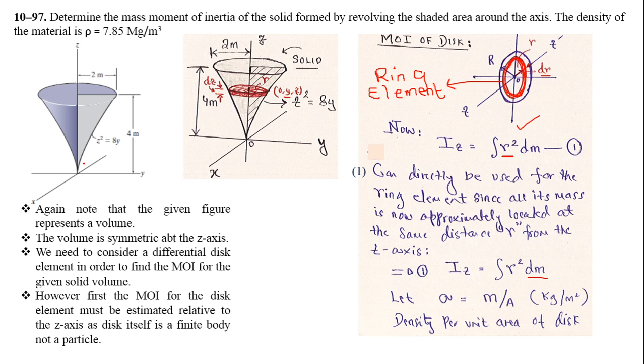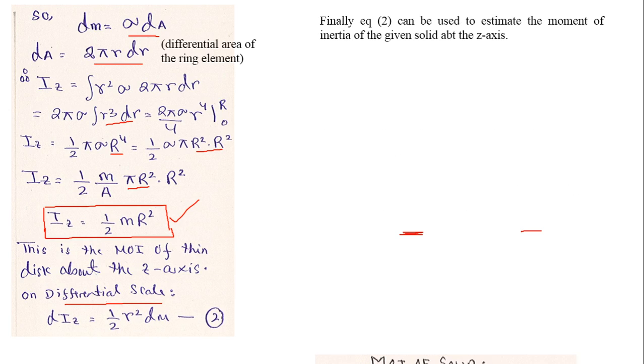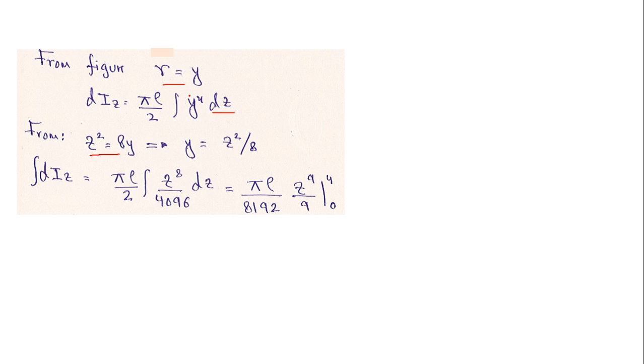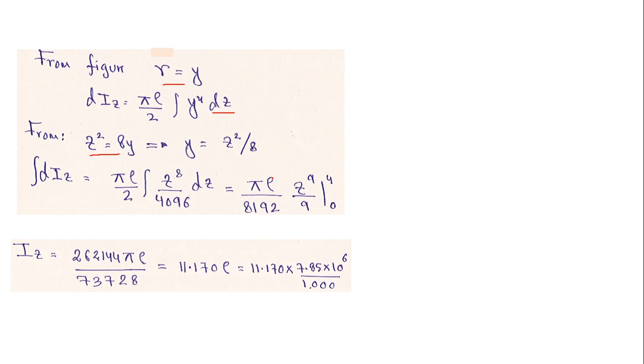You substitute all the values here, simplify it, and it will become 11.170 times rho, and rho is given to you as 7.85 megagram per meter cube.